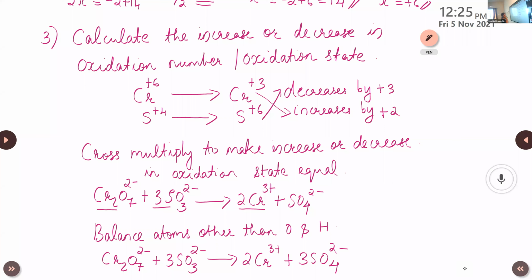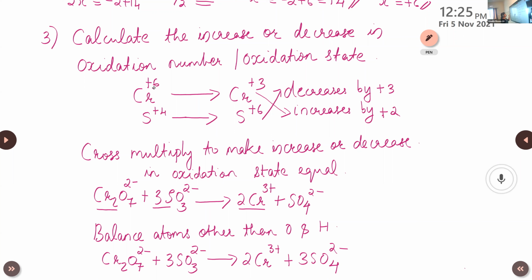In the case of sulfur, it is +4 on the reactant side, and on the product side, it is +6. So chromium decreases by 3 because +6 is converted to +3. And sulfur, +4 is converted to +6, that means it increases by 2. Okay, that's the first sub-step in the third one.